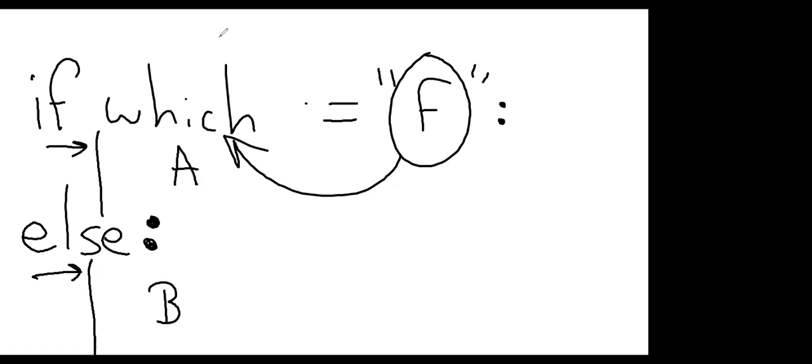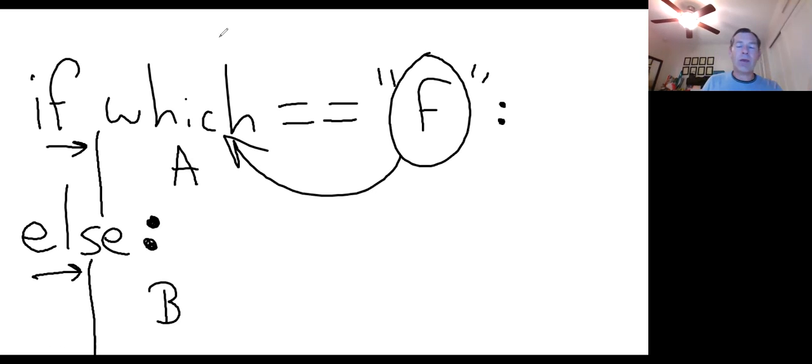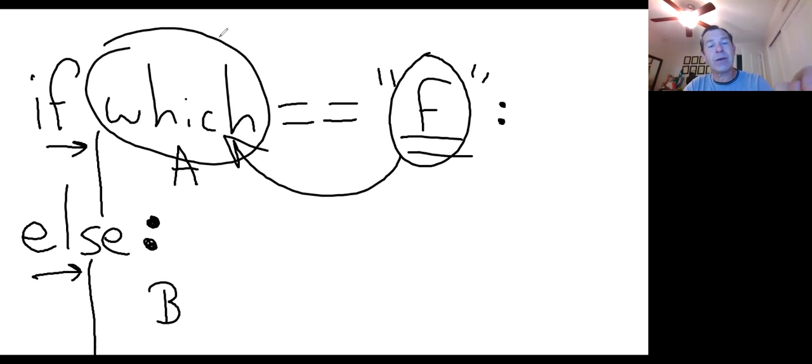So when we evaluate a decision or a condition, I can't do the value assignment, so I can't use the single equals. The double equals asks, is F equal to the contents of the memory spot?